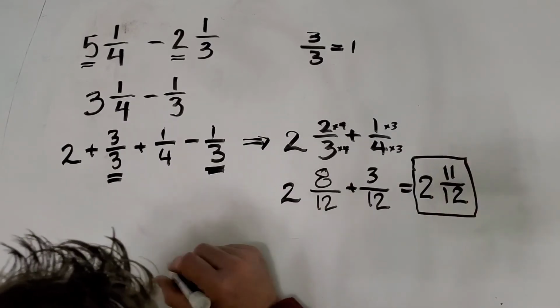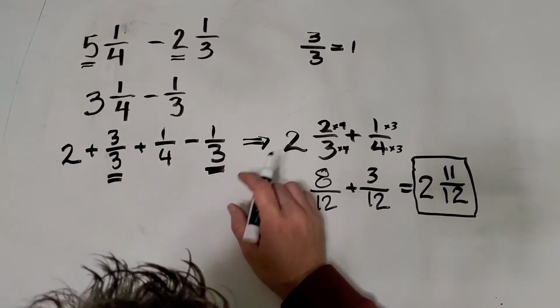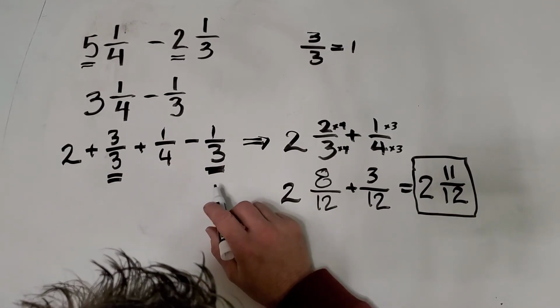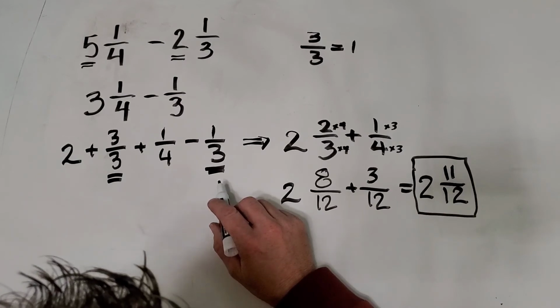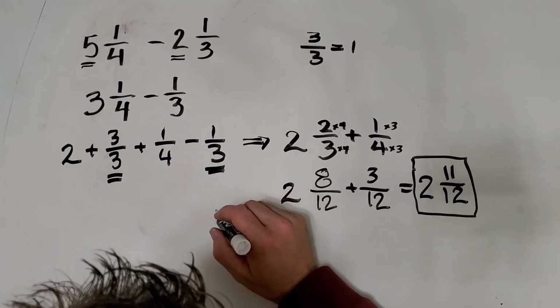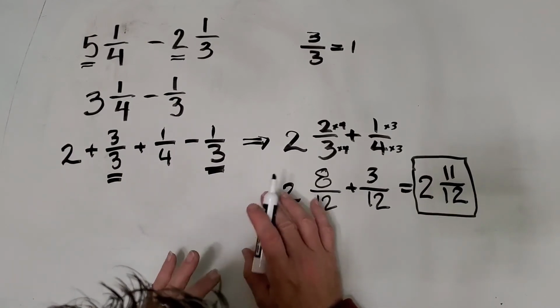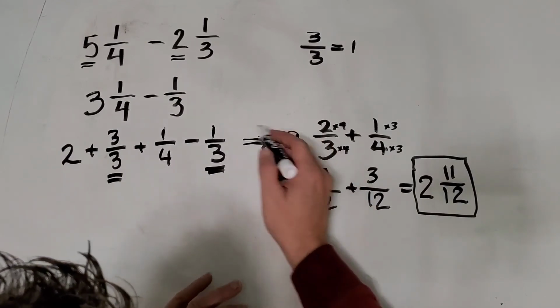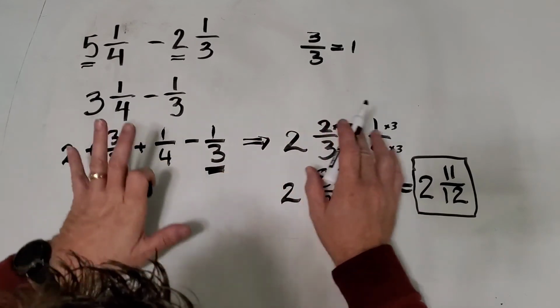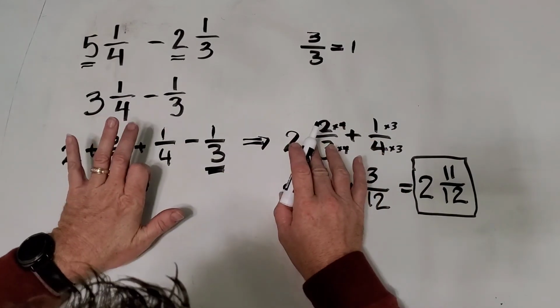And I was able to do this because I have an understanding of fractions, and I didn't end up getting stuck figuring out how to do all of that borrowing stuff. Not that it's wrong, this is just different, and it shows the power of what you can do when you have an understanding of fractions.